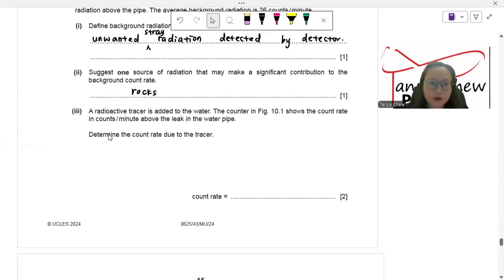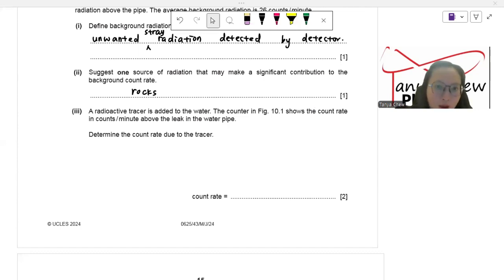Now, third, a radioactive tracer is added to the water. The counter in Fig 10.1 shows the count rate in counts per minute above the leaks in the water pipe. Determine the count rate due to the tracer. I will write it down so that you can understand this better.